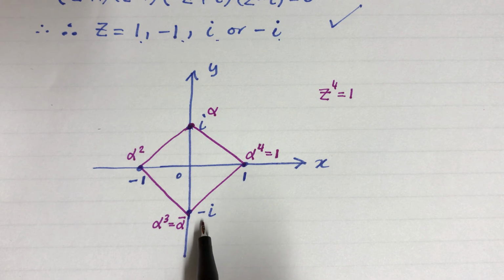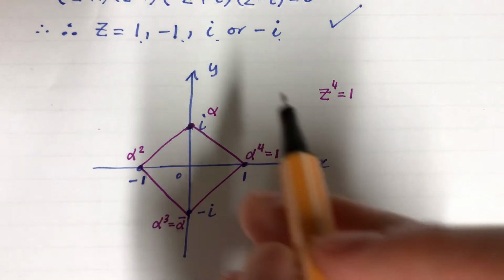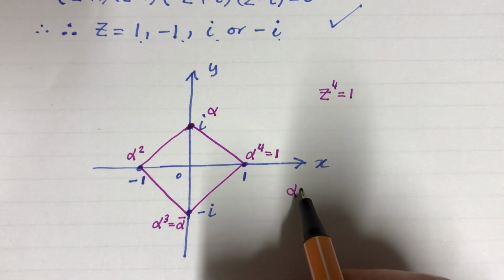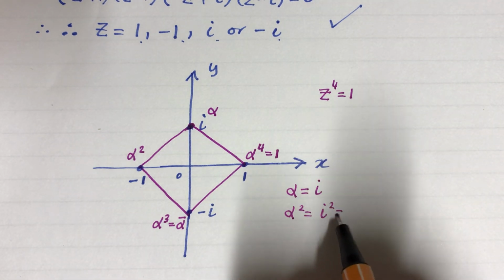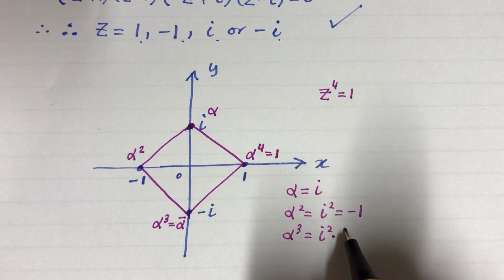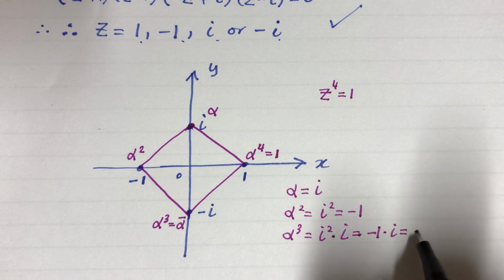So let me just make it easier for you. Alpha equals i, alpha squared equals i squared, which is minus 1. Alpha cubed equals i squared times i, which is minus 1 times i, equals minus i.